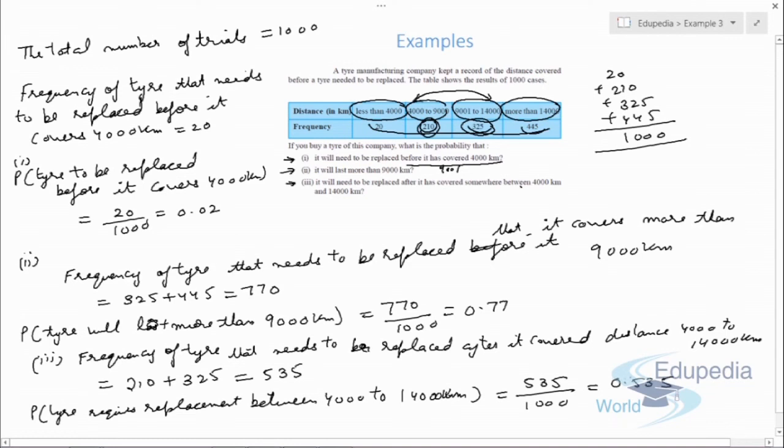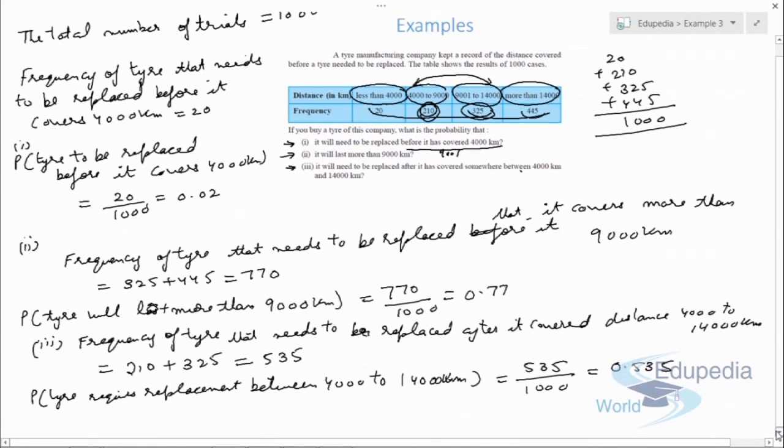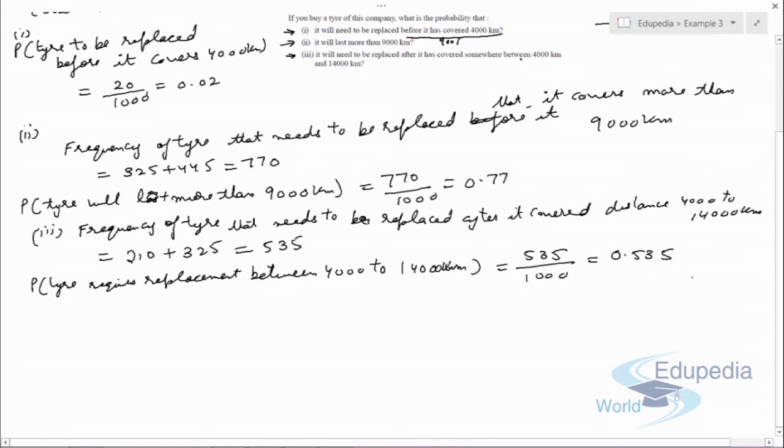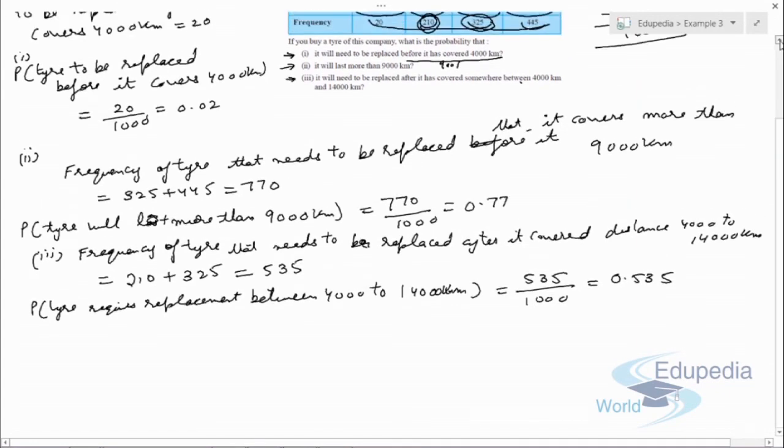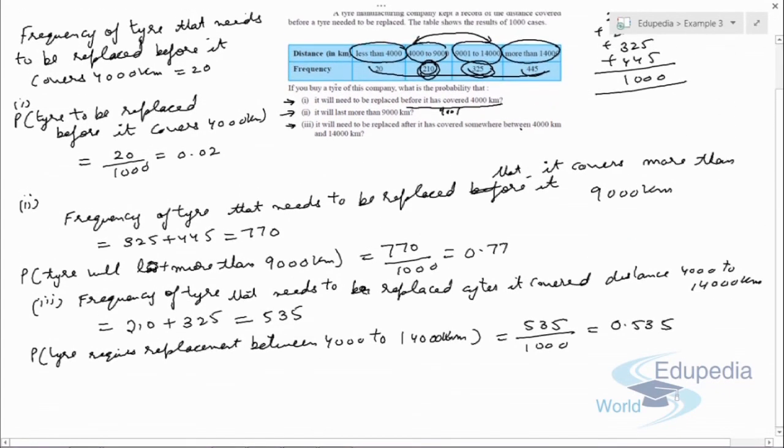So these are the probabilities. Now the last step is to check the probabilities, whether we have done it correctly or not. What we need to do is add all the probabilities. However, in this question, we cannot add all these three probabilities. Why? Because the first part asks for replacement before 4000 kilometers, then more than 9000 covers this part, and then 4000 to 14000 covers this part.